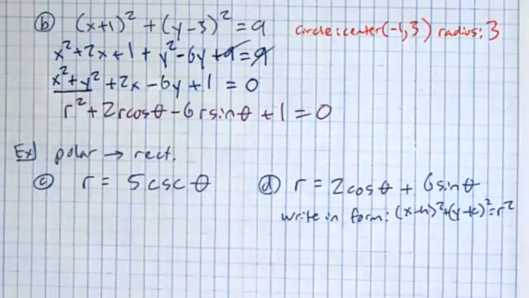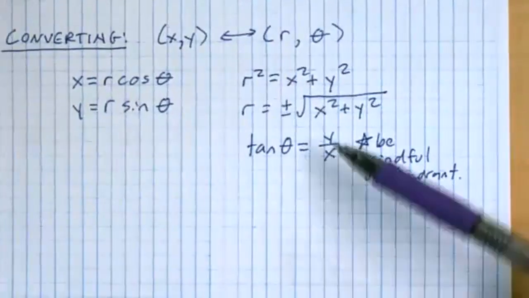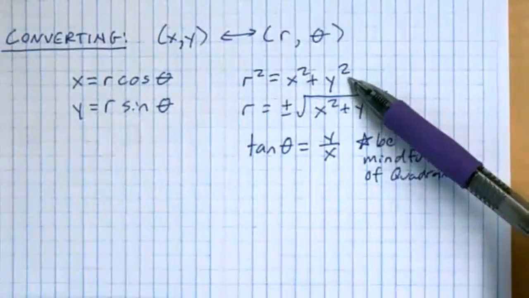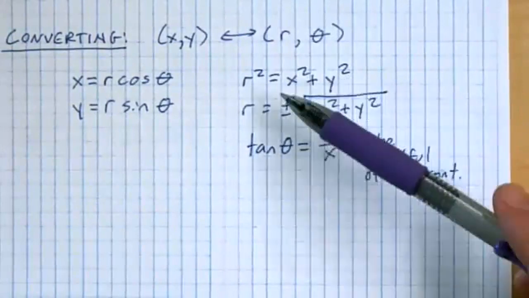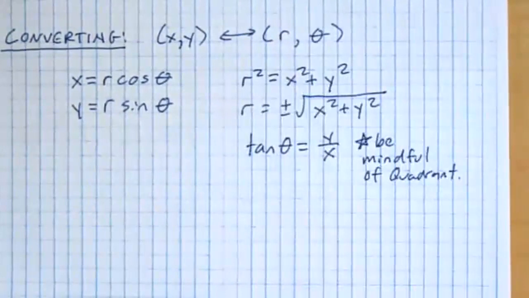X squared plus y squared is r squared. We wrote that way back at the beginning, converting. R squared equals x squared plus y squared. It's also the Pythagorean theorem, right? You could think of r as the magnitude, so the magnitude squared would equal x squared plus y squared.